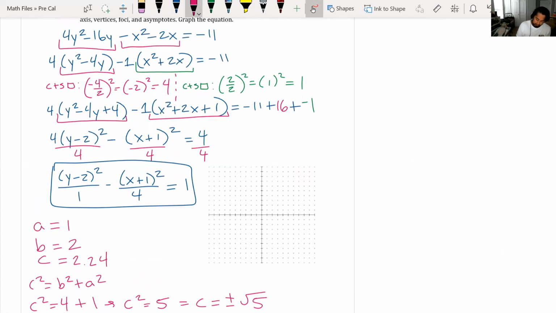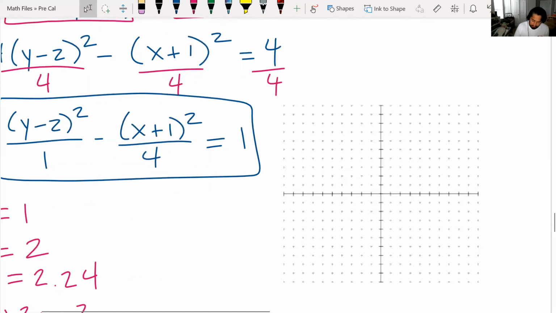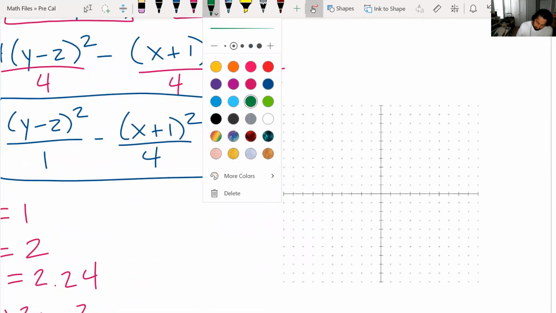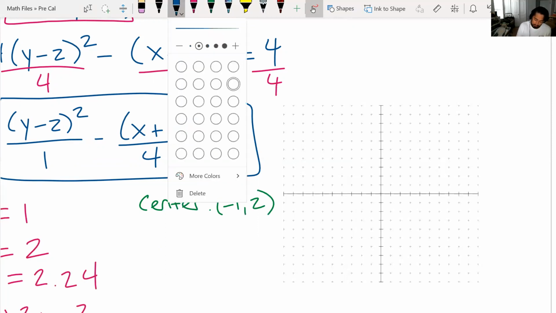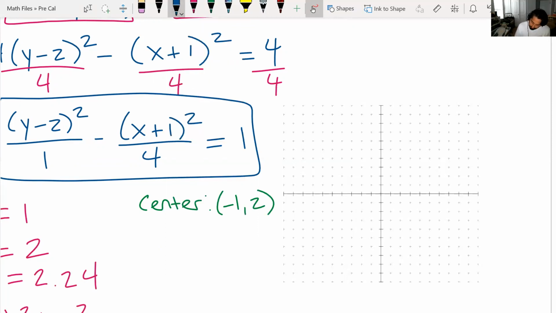So with that being said, we can fill out our center already. It is -1, 2. So if I wanted to plot that, -1, 2. There's my center.